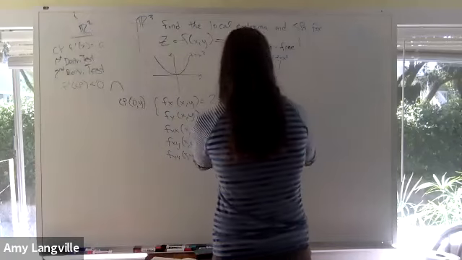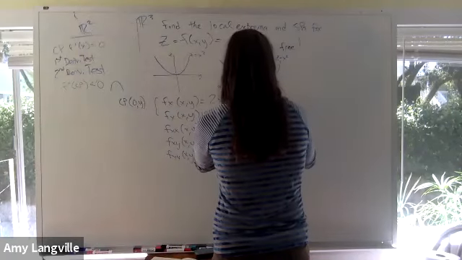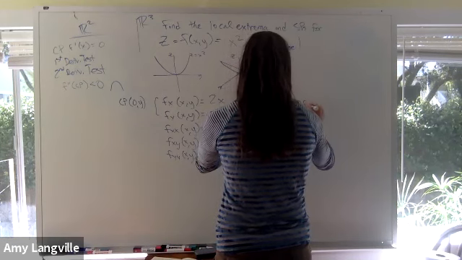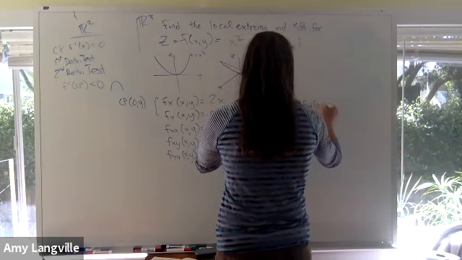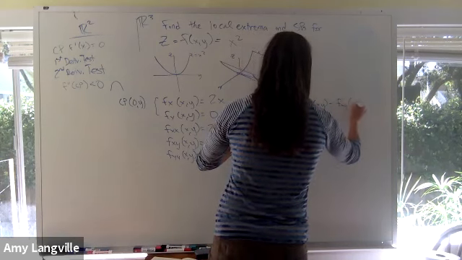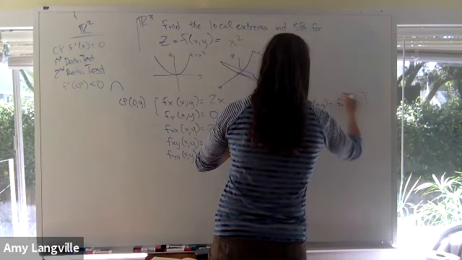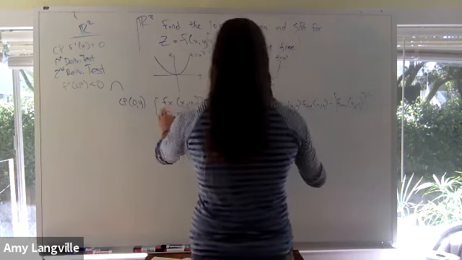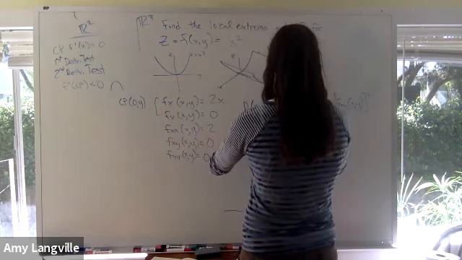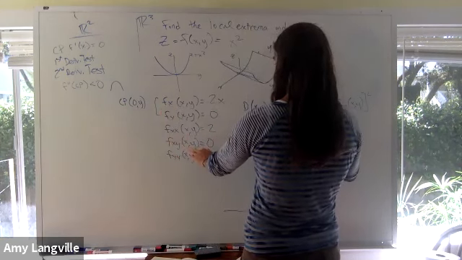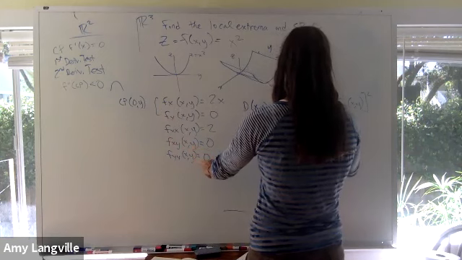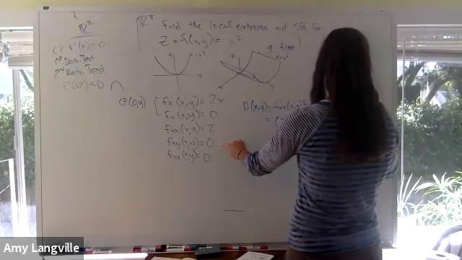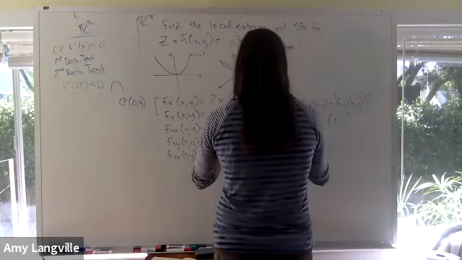And so d at any x, y is, by definition, f sub x x at x, y, times f sub y y at x, y, minus f sub x y at x, y squared, which is, in this case, f sub x x for any x, y is 2, f sub y y for any x, y is 0, it turns out it's a constant, minus f sub x y, 0 squared, so 0.